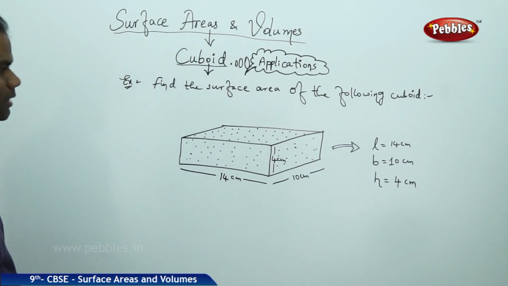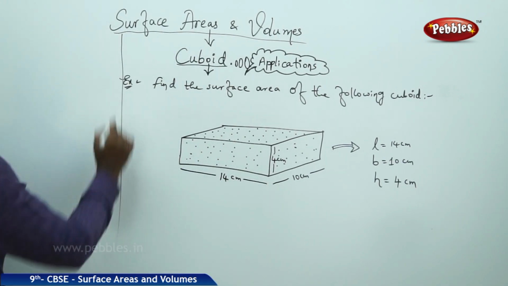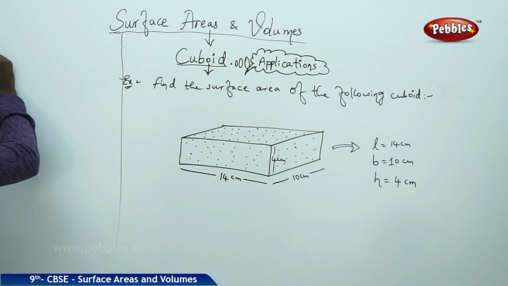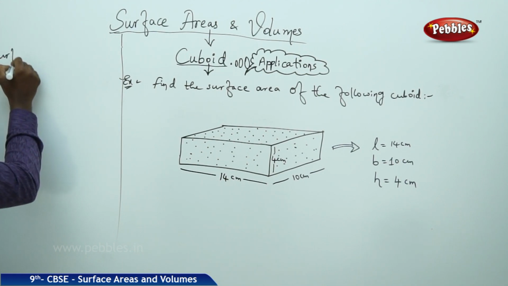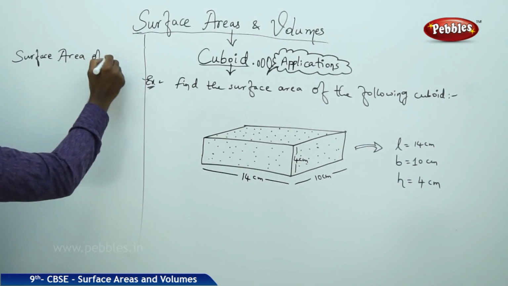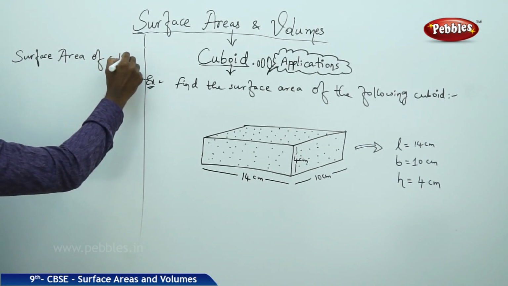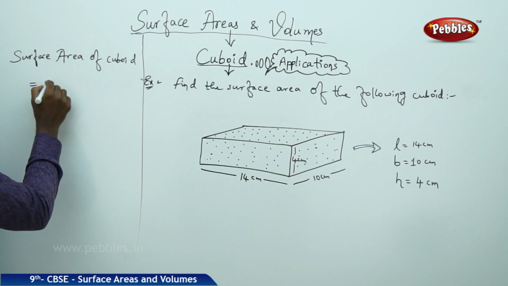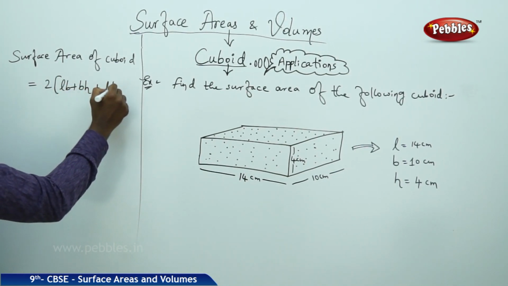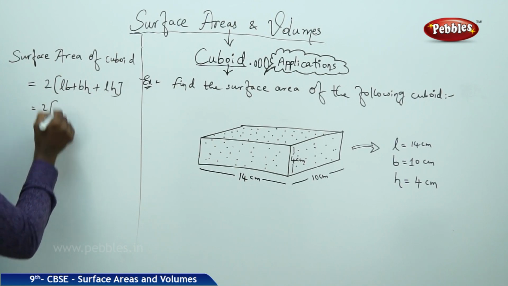So using L, B, H, we have surface area of cuboid, which is given by the formula 2 times LB plus BH plus LH.